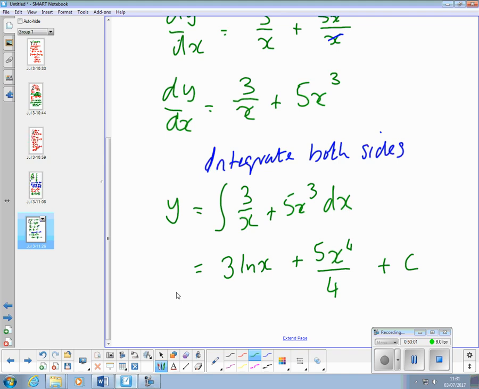And when you put the boundaries in, you get a particular solution of a third cos x plus a half, i.e. c is equal to a half when you put the boundary conditions in. The general solution is a third times cos x plus c, and the final answer to the particular solution is a third cos x plus a half, with c in this particular case being a half. Alright? So are you happy with that question?